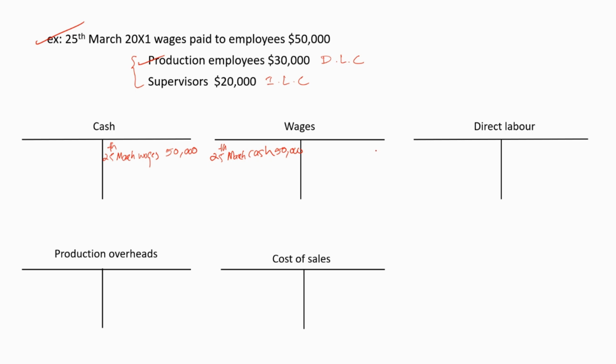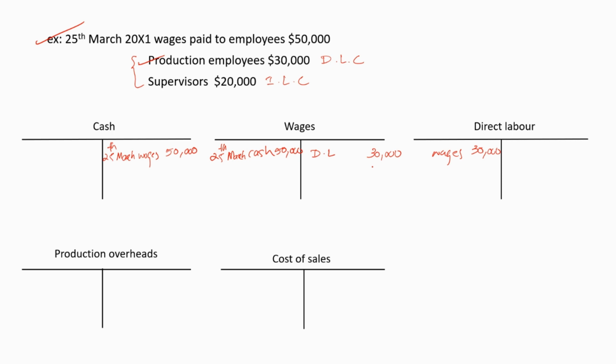First, let's move this $30,000 out of this wages account into the direct labor account. Now let's move the $20,000 to the production overheads, because under the production overheads, indirect labor cost will be considered.